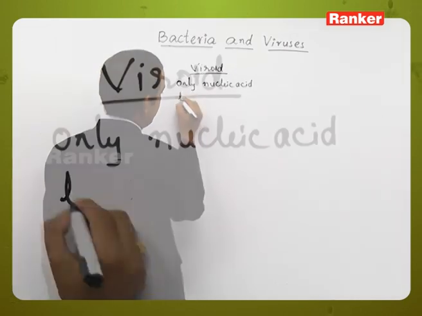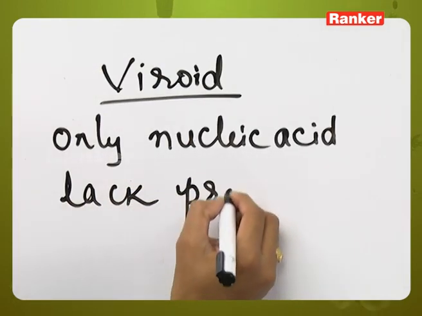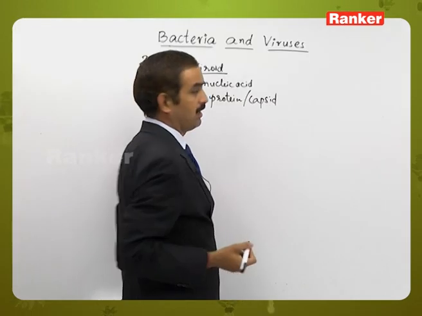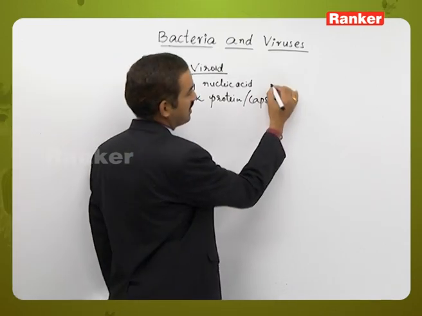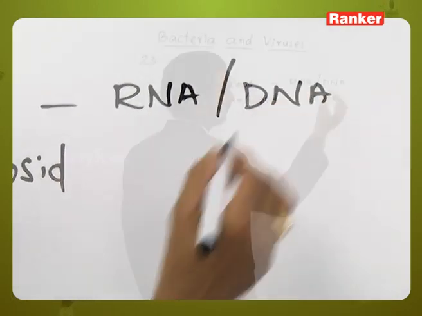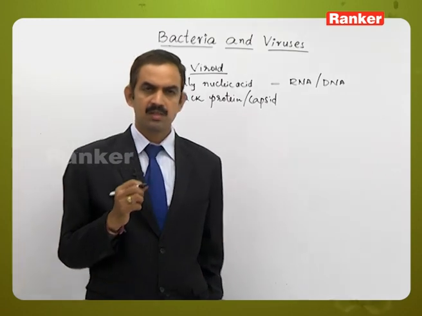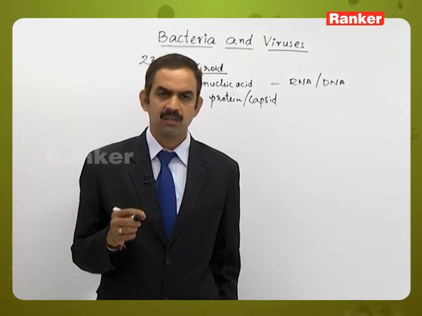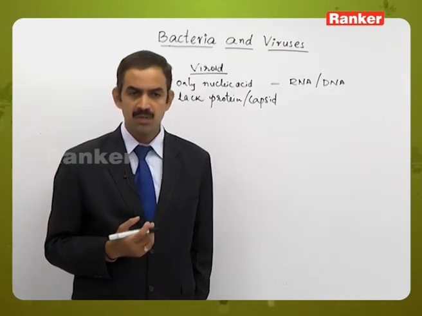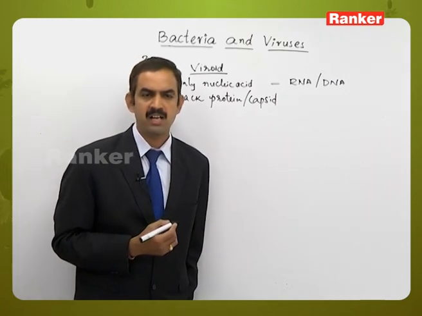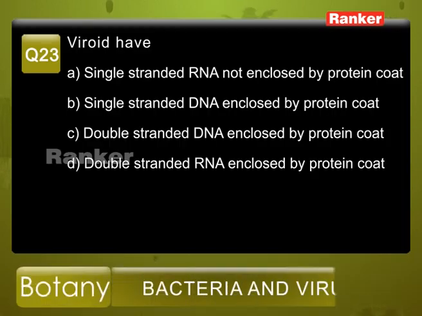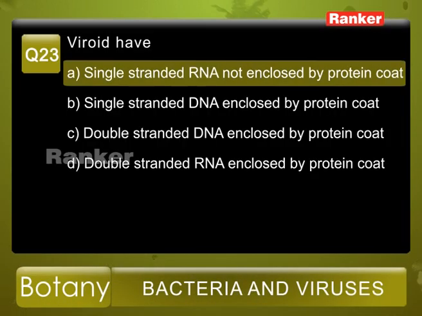It is a structure which lacks protein or capsid, and this nucleic acid may be made up of RNA or DNA. That means viroid is a structure made up of nucleic acid without a protein coat. As I said, the nucleic acid may be RNA or DNA. So from the given options we can say viroid has single stranded RNA not enclosed by protein coat. So option A is the correct answer.